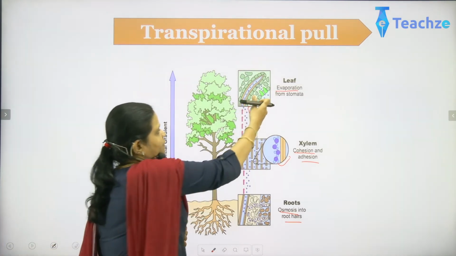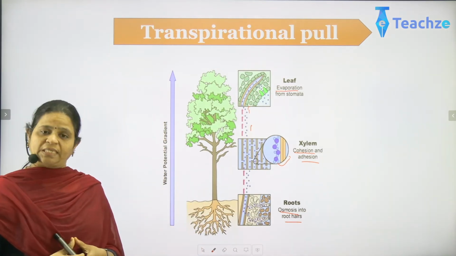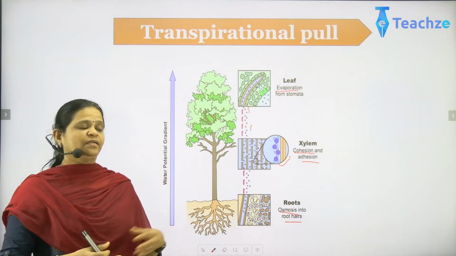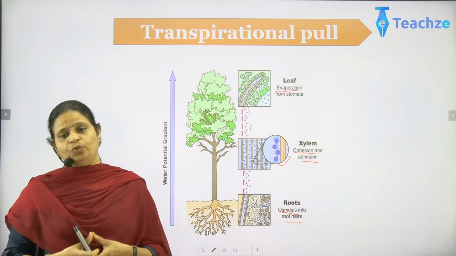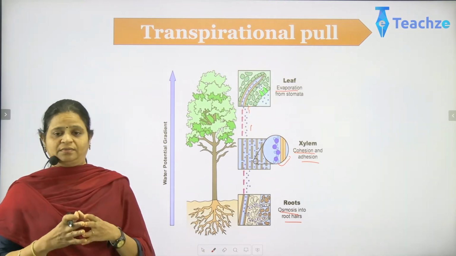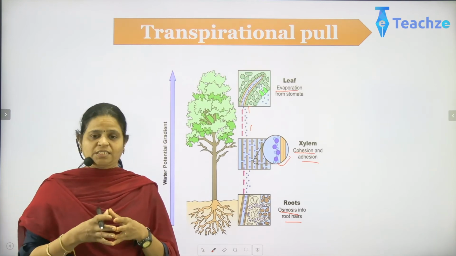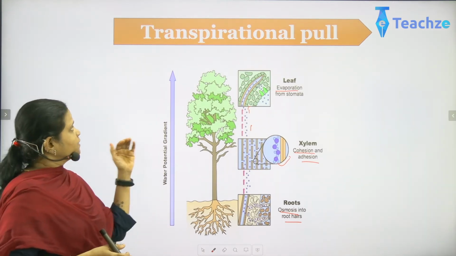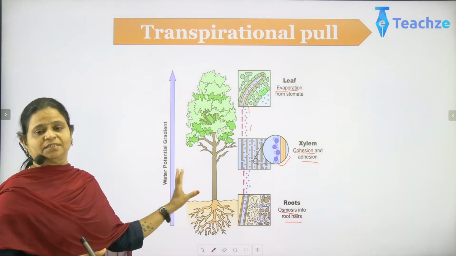And the third one will be the evaporation, which happens from the leaf constantly, so that the water can be pulled from the lower level into the next cell. Now this theory is the theory which can explain transportation in plants. This is the theory we follow.